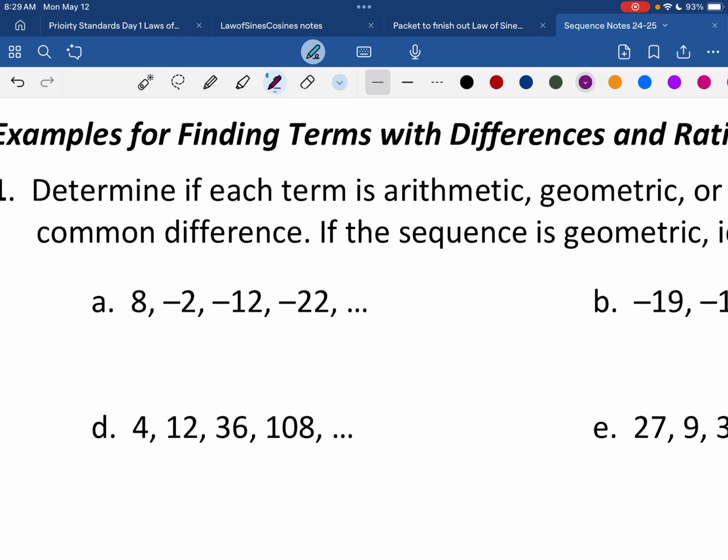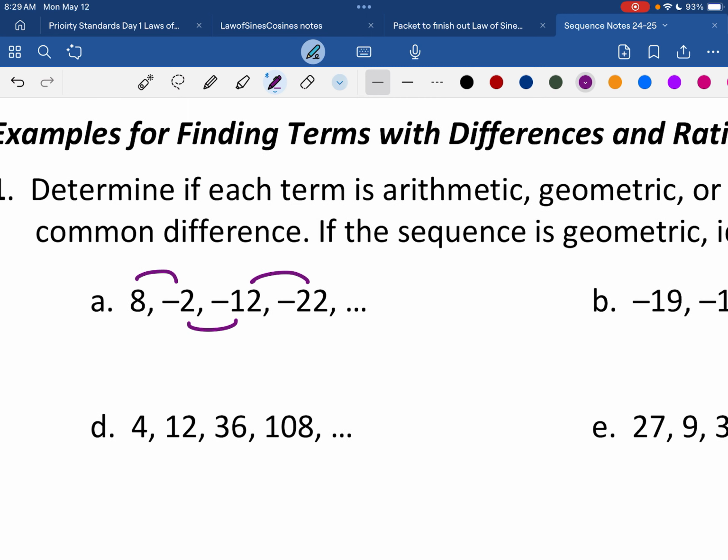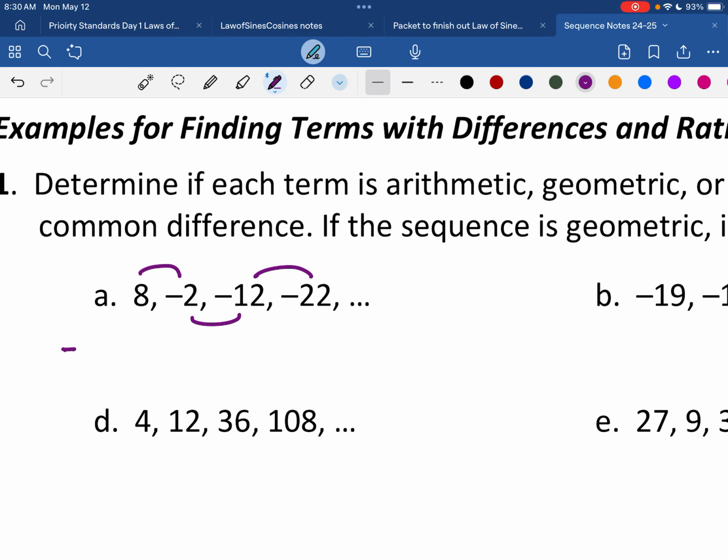So for my terms, you're looking between each set of numbers. To get from 8 to -2, you can do it one of two ways. You can say, hey, what happened? Or you can take the second number minus the first number, and that equals -10. And if you subtract 10 every single time, do you get the same answer?